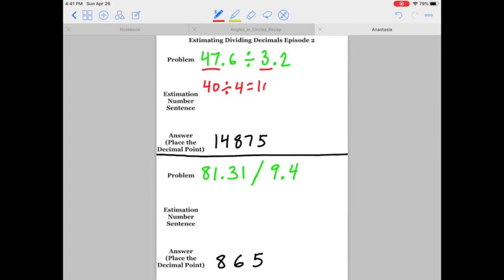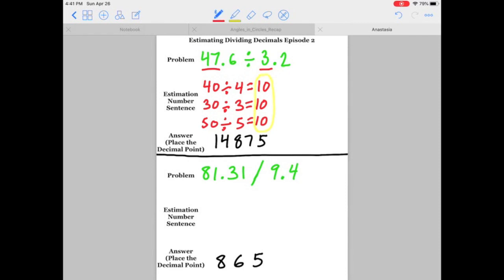So 40 divided by 4 gives me 10. That's an idea. Or I can even bring this down to 30 divided by 3 equals 10. Or I could bring 47 up to 50 and bring that 3 up to a 5. So it looks like my answer is going to be somewhere around 10.